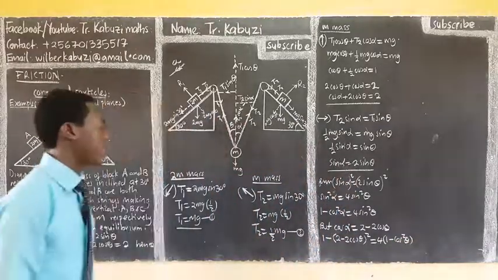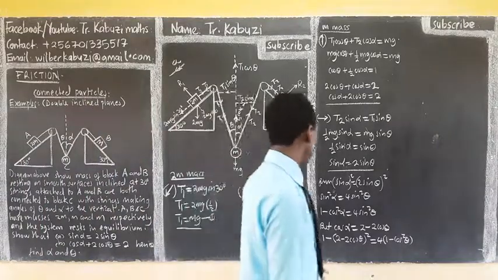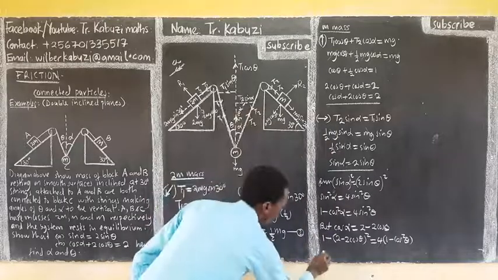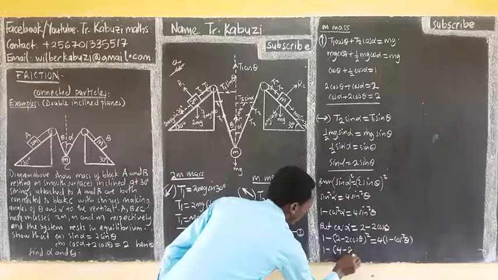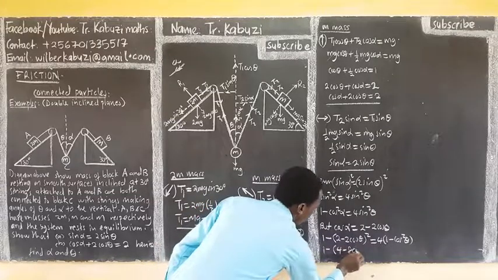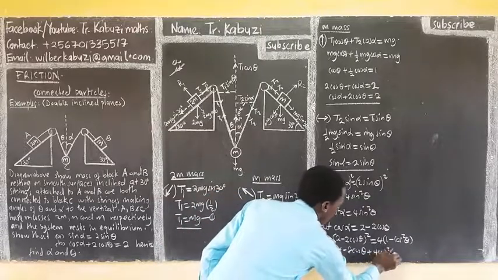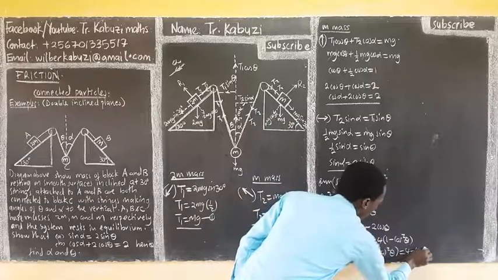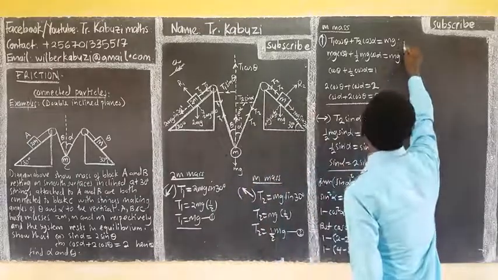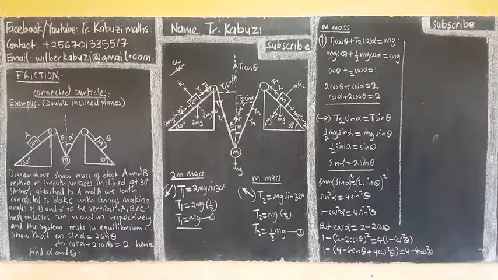So now my equation is having one unknown. Now we can expand this. I'll have 1 minus 4 minus 8 cos theta, then plus 4 cos squared theta equaling 4 minus 4 cos squared theta, using trigonometry. From there I can open brackets, then simplify.